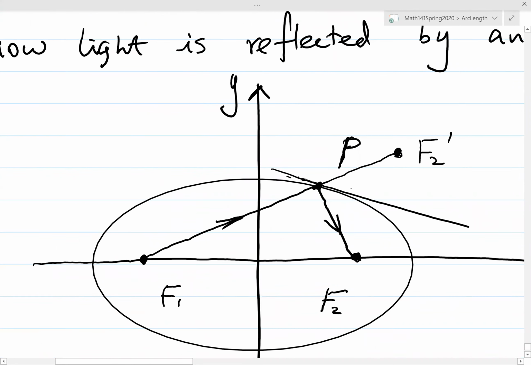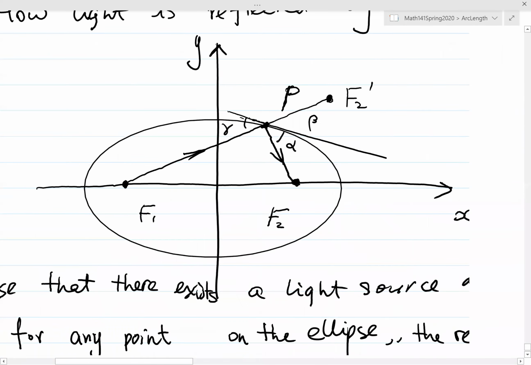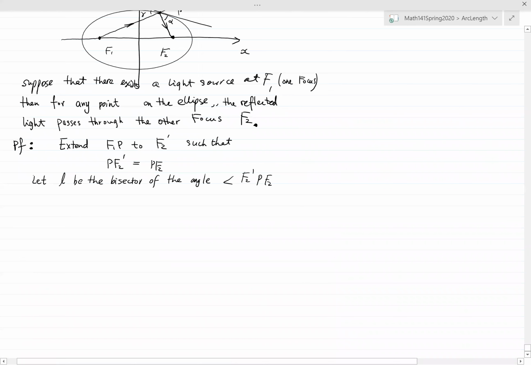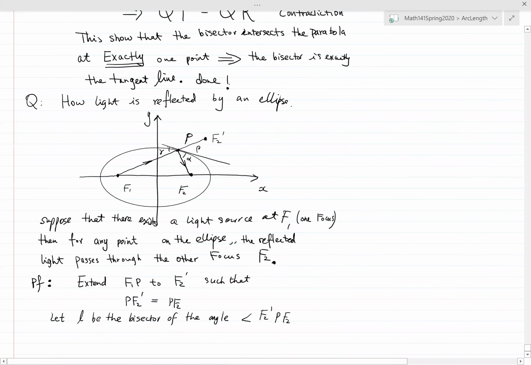Now, what we have is, let this be alpha, this be beta, this be gamma. Look at this picture. Then what do we have?